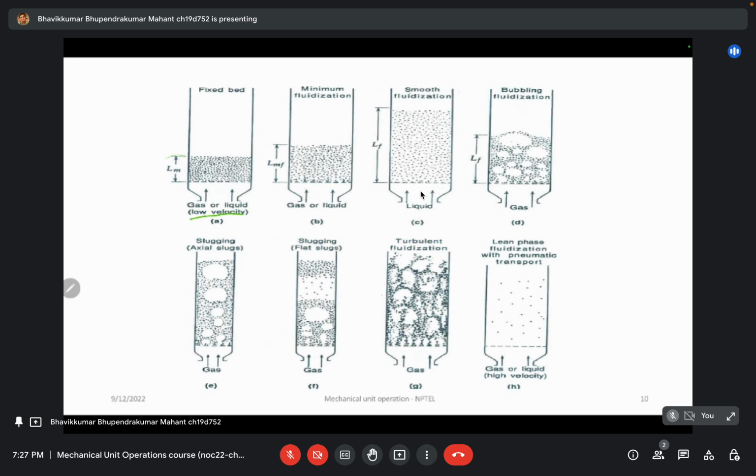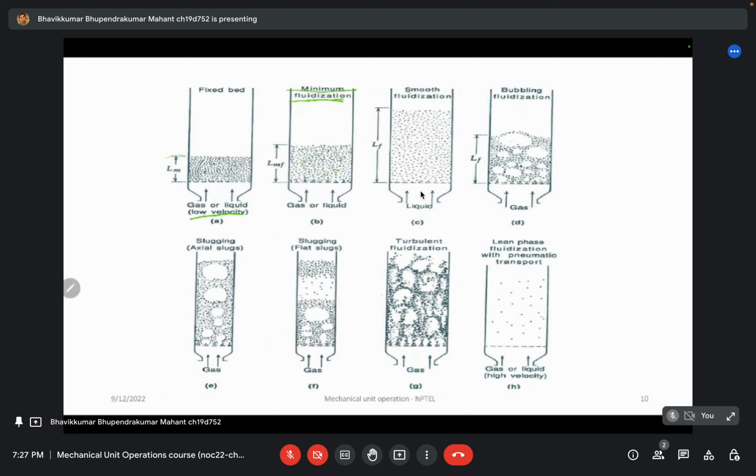But if we increase the velocity further, you can see a little separation of the particles happening, and that is known as minimum fluidization. Some minimum fluidization velocity is required to reach that flow rate of gas or liquid, and after that flow rate the separation of particles starts.